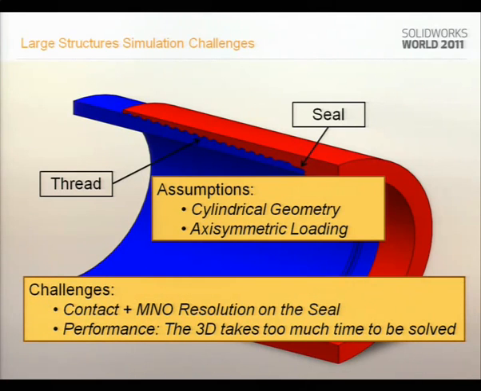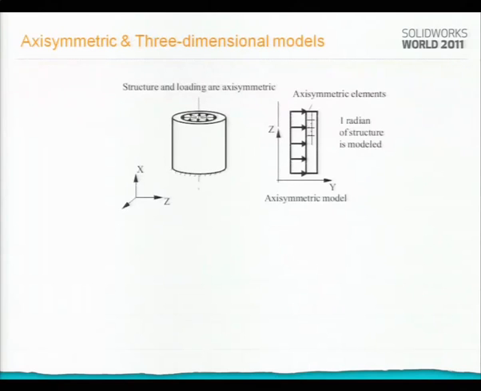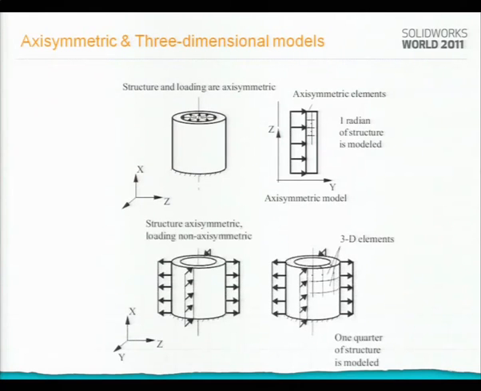As I told you, the 3D approach is impossible in this case. So in order to run an axisymmetric model, I have to have axisymmetric geometry and axisymmetric load. If any of those conditions is not met, I have to go to 3D. No way.